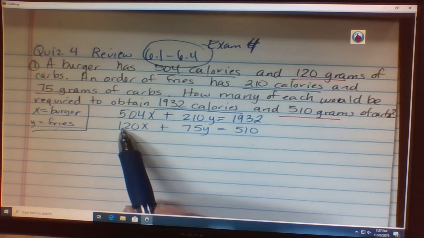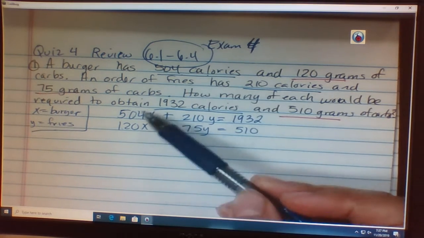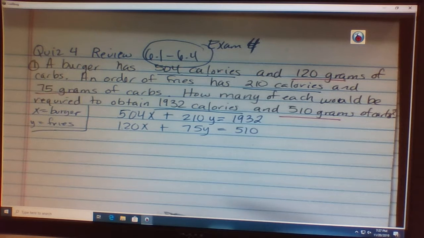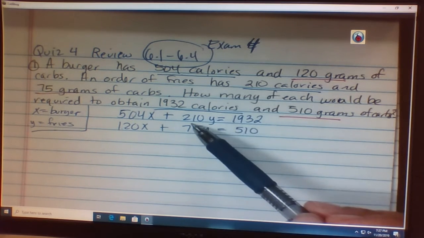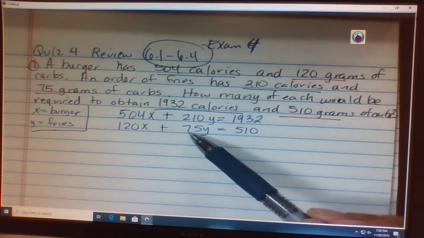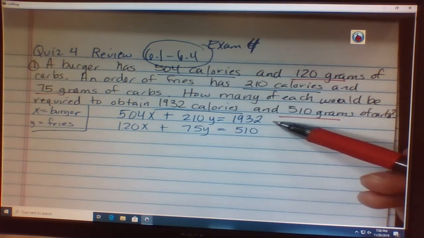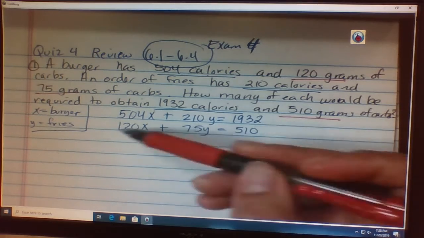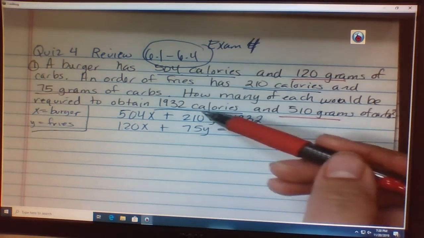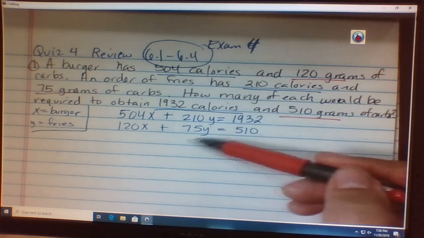So then the third way we learned was by elimination. Elimination meant you have the same variable, same number, but different signs. Can I make these two or these two the same number, same variable, but different signs? The answer is yes. It's a big number, I understand. And what's the common factor here? Maybe you can't think of it, but I can multiply the top by 75 and the bottom by 210, and it's going to give me my same number here.